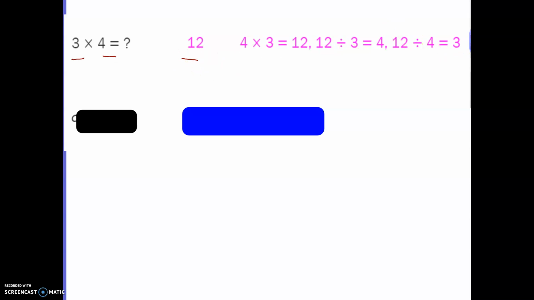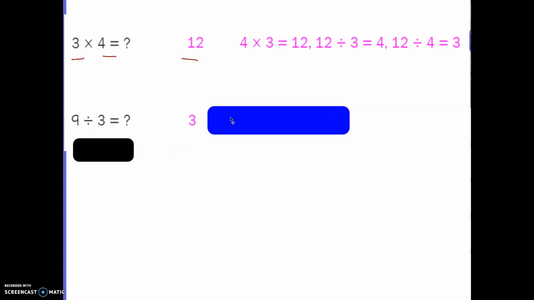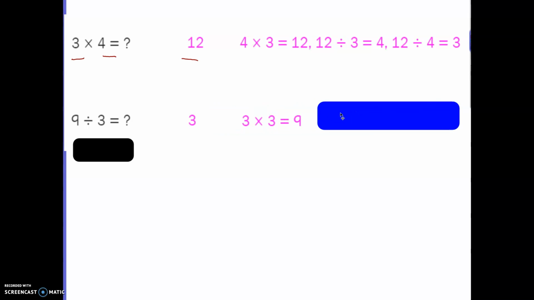And our second problem for you to work on this page is 9 divided by 3. Write down the answer for 9 divided by 3 and write down the problems in the fact family. 9 divided by 3 is 3. 3 times 3 equals 9. I don't have 2 multiplication problems.